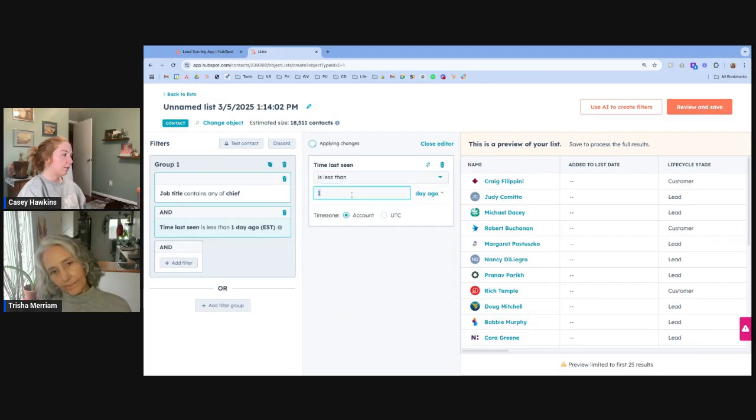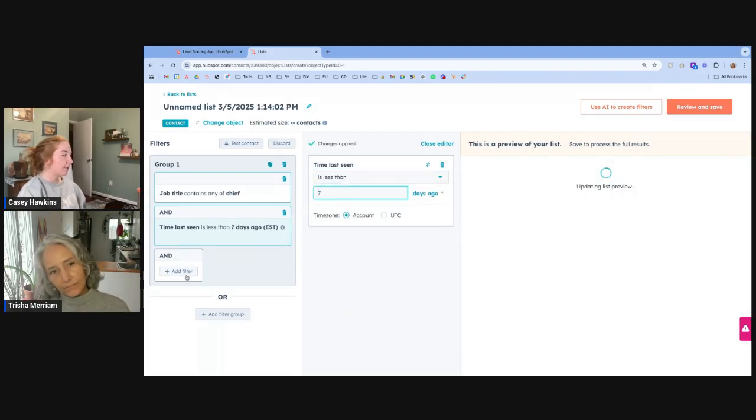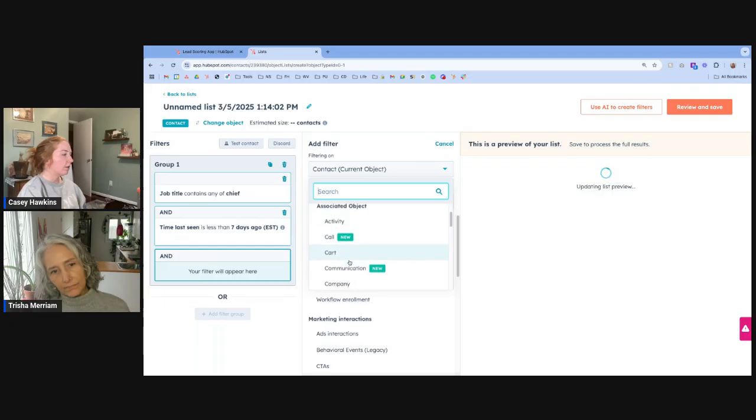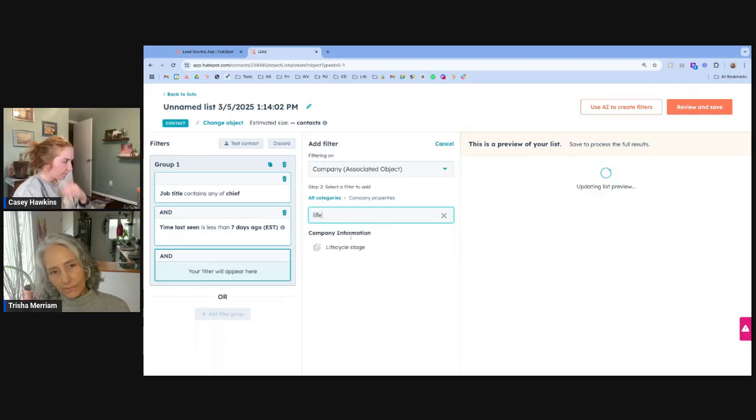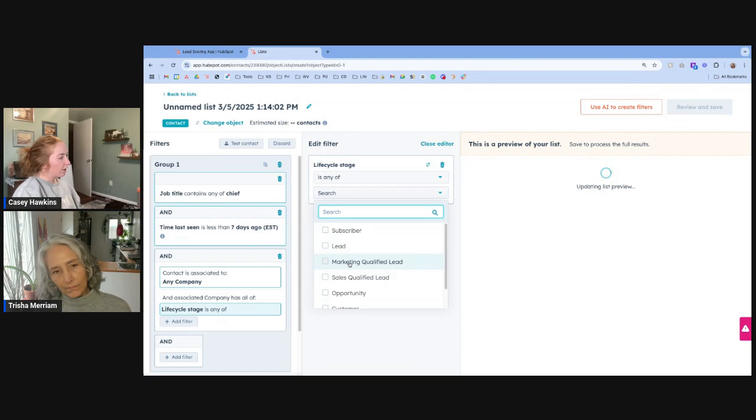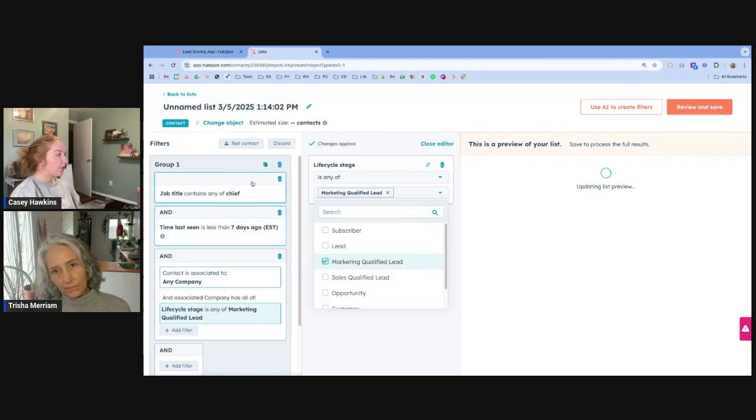Just last seen less than 7 days ago, and company stage start being qualified. So we could do something like this to identify specifically the C-suite, if the C-suite's engaged.